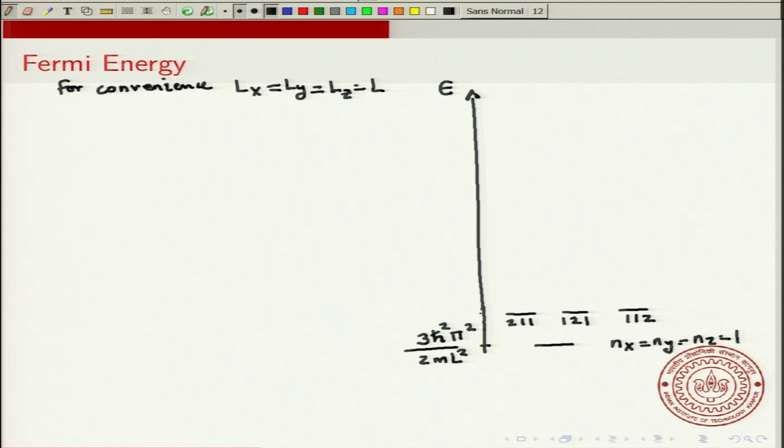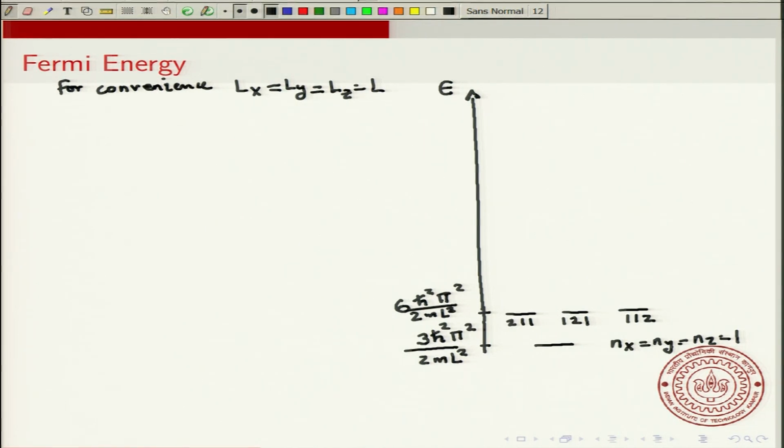And now, the energy is equal to 6 times h cross square pi square by 2 m L square.